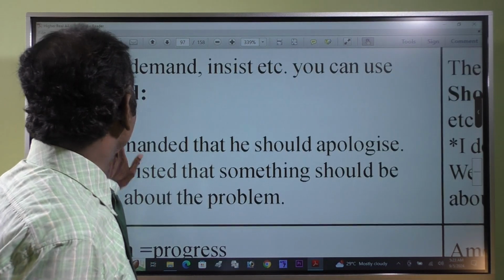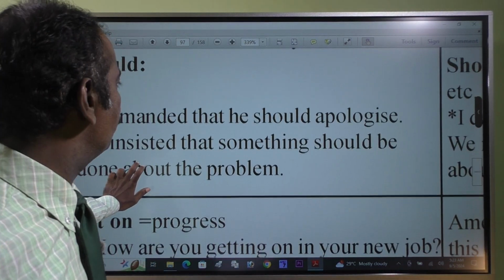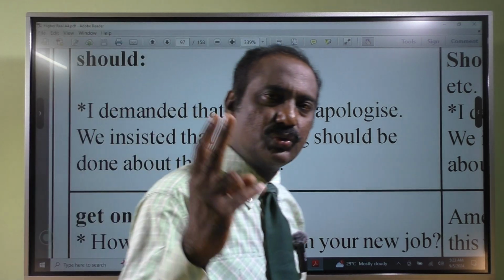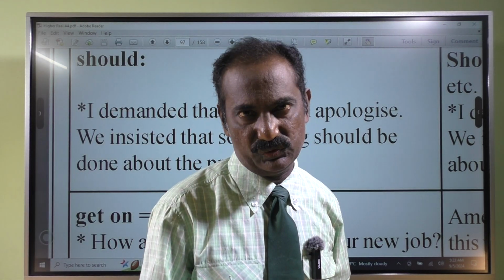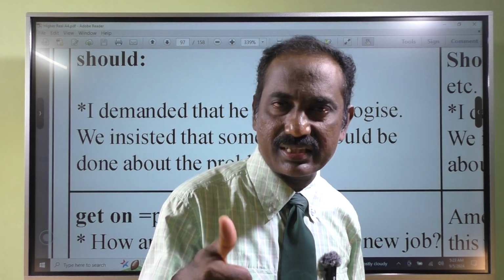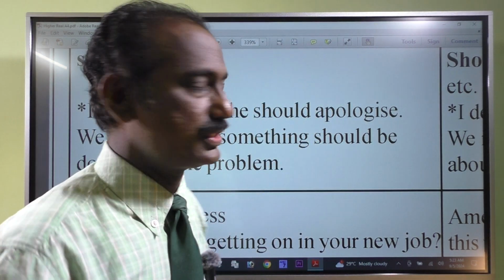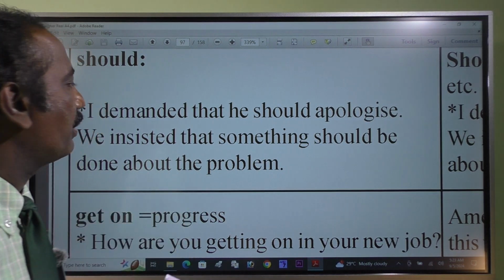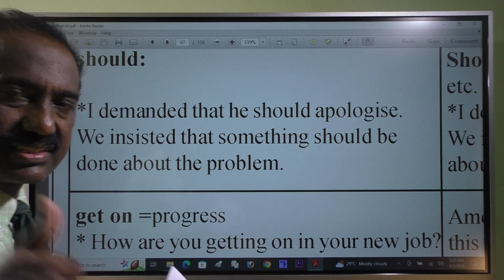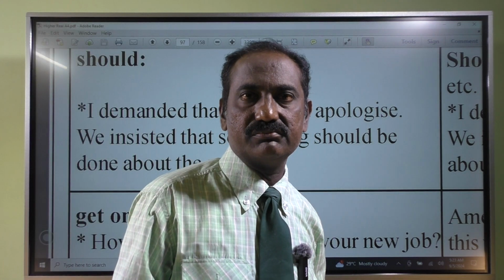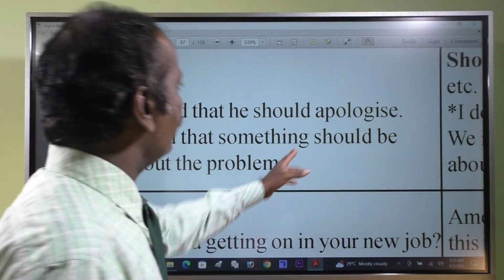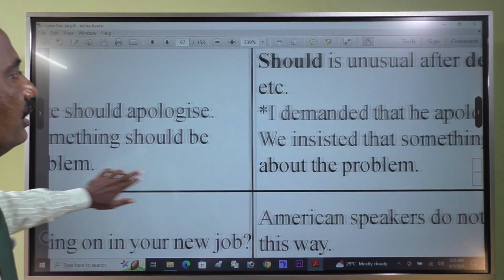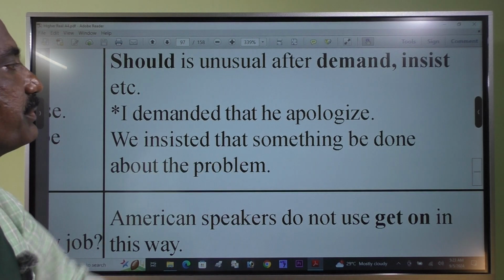Okay. How to use the word should. Usually, Americans do not use double emphasizing words, but Britishers do. See here, we insist that something should be done about the problem. Insisting means saying strongly or forcing to do, so there is no need to use should. Americans avoid it. Americans say, we insisted that something be done.